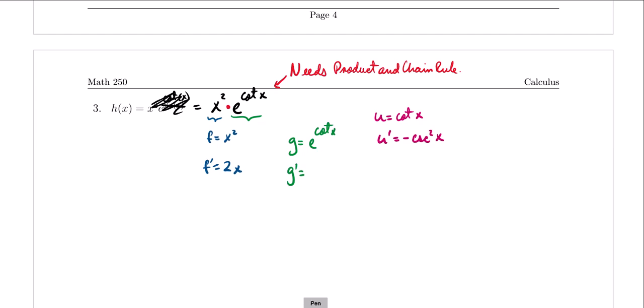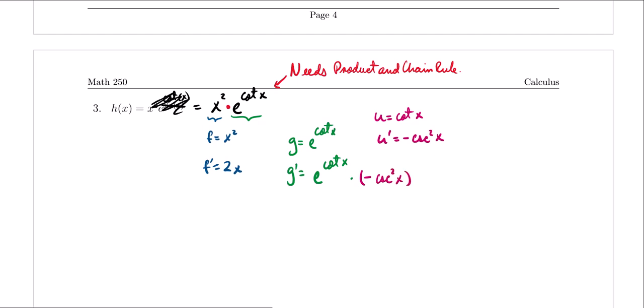All right, so our full derivative for g then, g prime, is going to be equal to the derivative of the outer evaluated at the inner, which was just the cotangent of x, times the derivative of the inner, which we said was a negative cosecant squared of x.